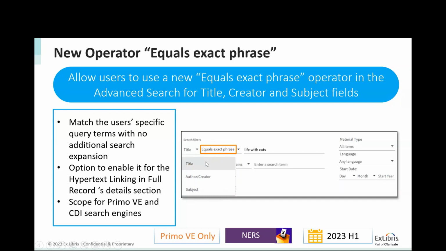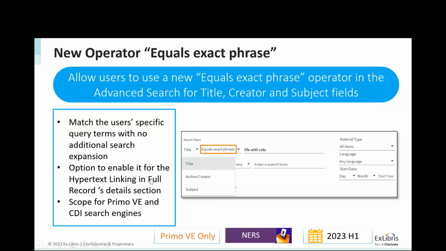We also made this option available through the hypertext linking. So if you open the full record display and you would like the author name link to go to the advanced search with the equal exact phrase, you will be able to configure that to use author with the equal exact search or subject with the equal exact search based on your configuration.